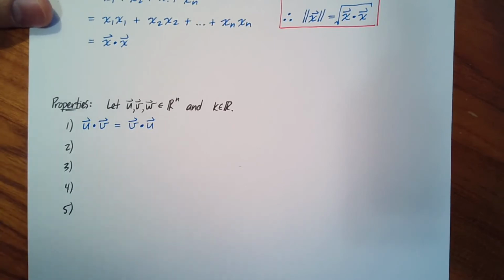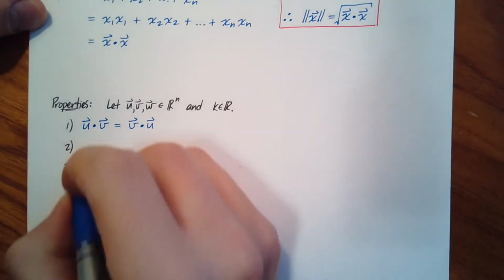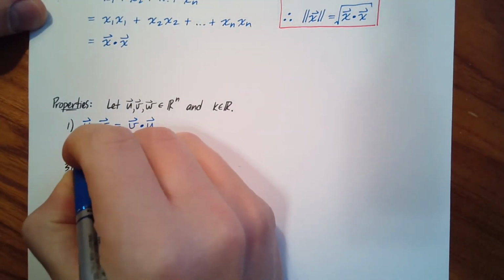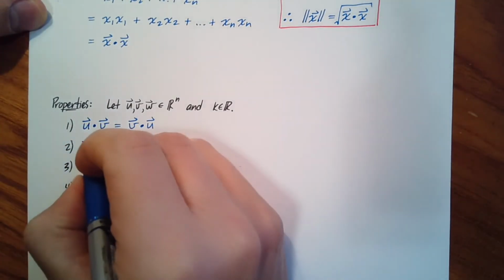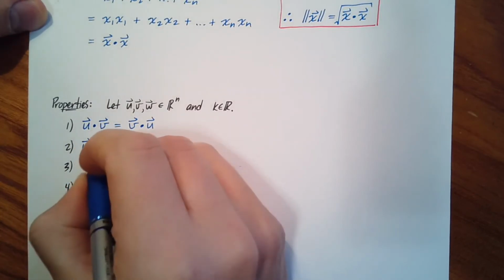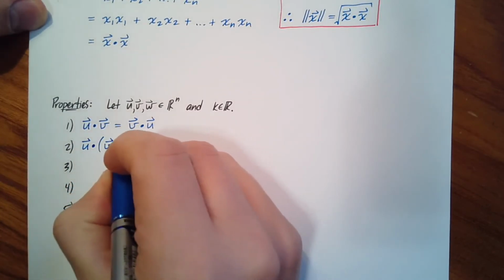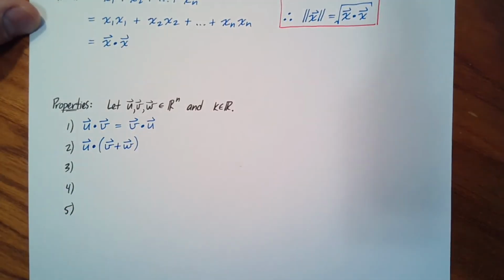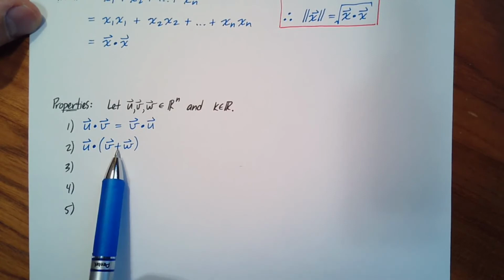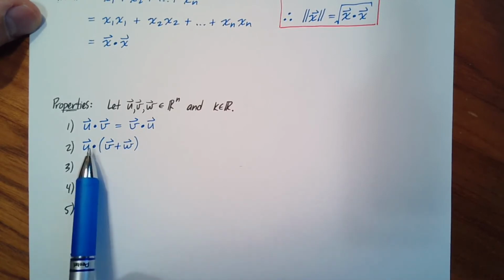Property 2 says that the dot product distributes into vector addition. So what that means formally is that the dot product of u with the sum of v and w, so interpret this carefully, right? We're taking the vectors v and w and adding them together, and the result is going to be a vector whose dot product we take with u.